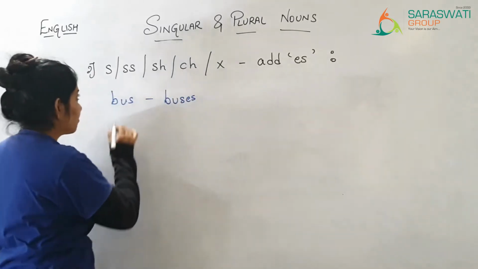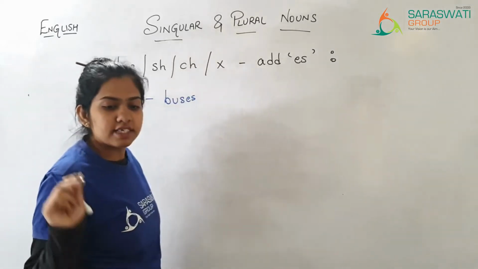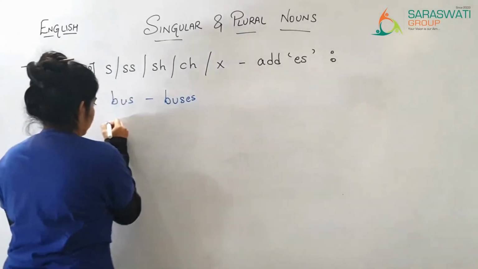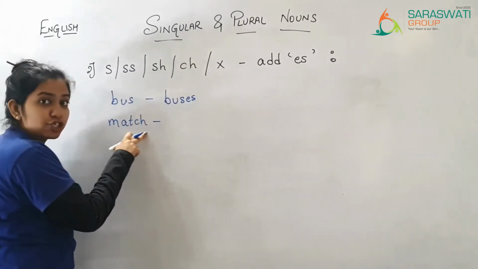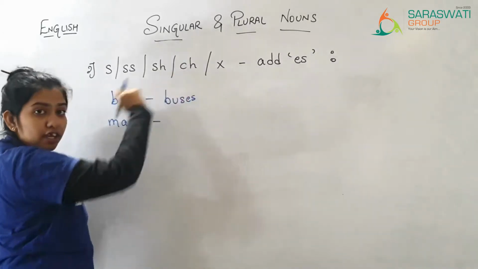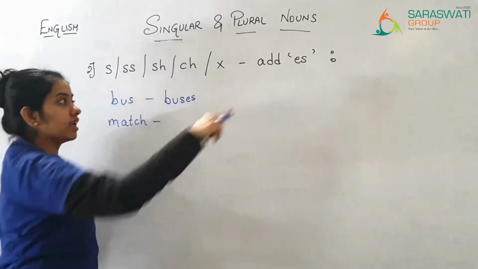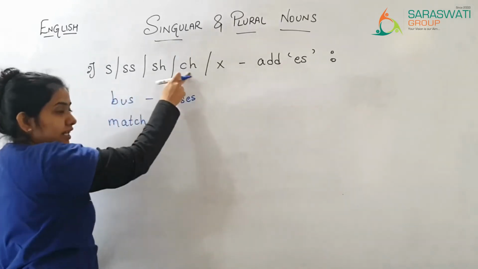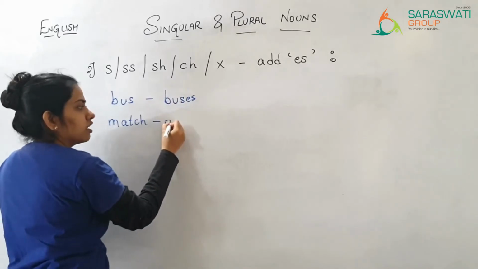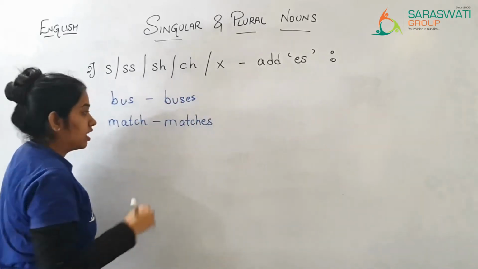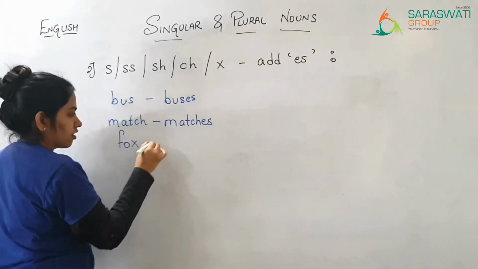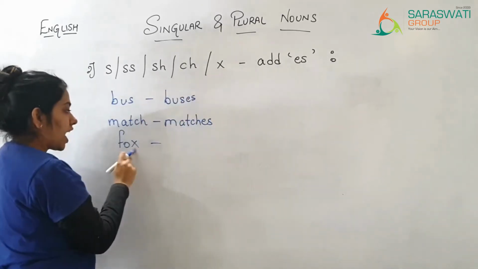Now, mat. Mat is ending with ch, right? We will add es because it is ending with this letter. So matches. Fox. It is ending with x.